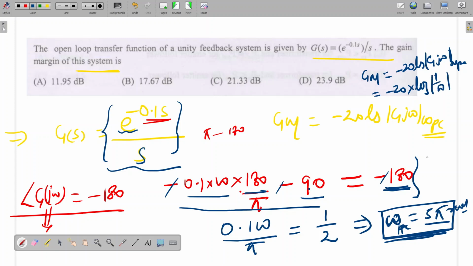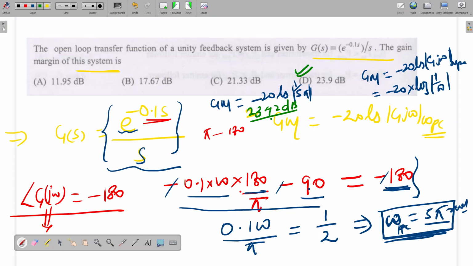Omega is 5 pi, so it will be 1 by 5 pi. Gain margin is minus 20 log of 1 upon 5 into pi. How much are we getting? 23.92 dB. Is it clear to all? This will be the correct option.